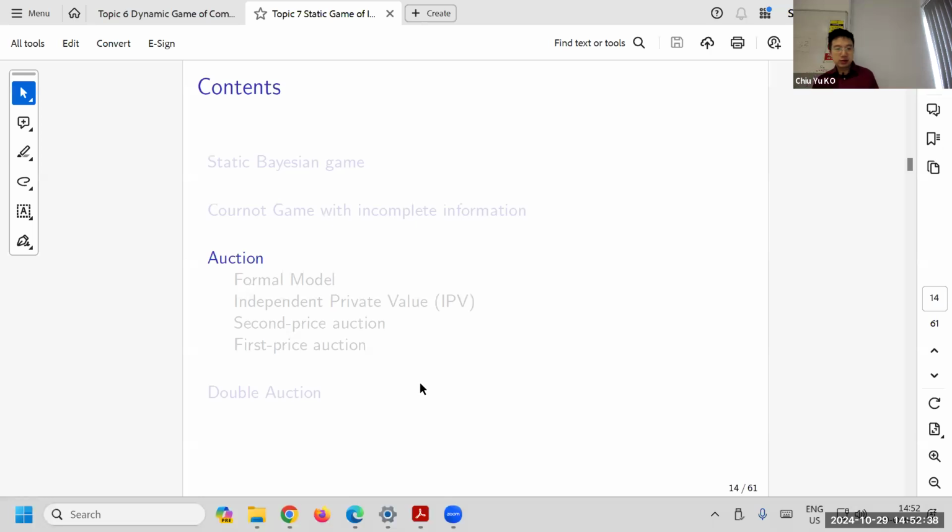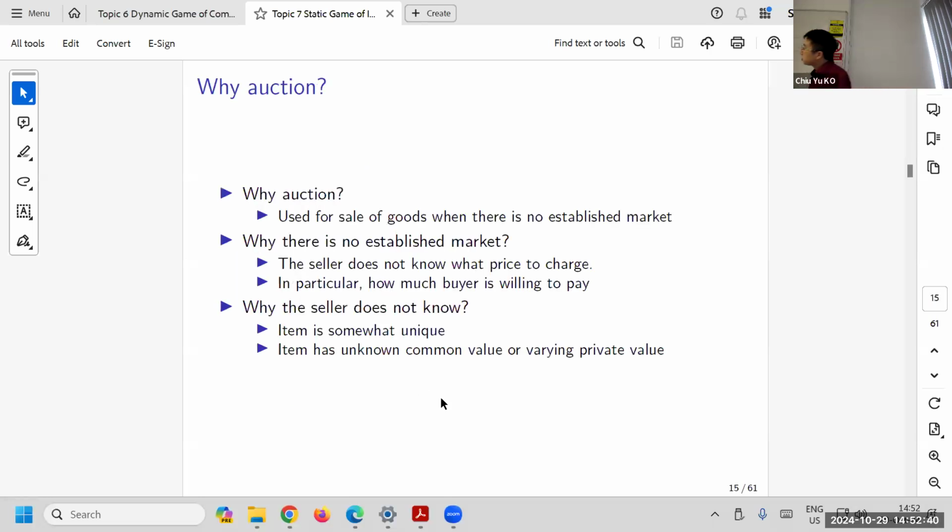Now, auction. Let's see if auction is something interesting. Okay, because auction, I think, for those who do finance, or real estate, or environment, they do auction, right? In environment, they have the quotas and the green gas, the carbon tax, many things they do by auction, right?